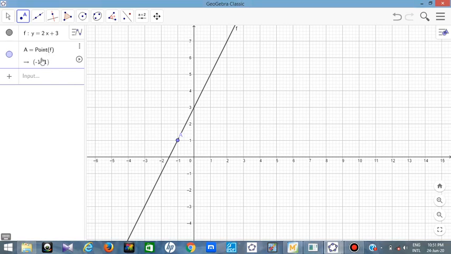When x is minus 1, what is y going to be? Y is going to be 1. When you substitute minus 1 in the place of x, you have 2 times minus 1, which is minus 2. Then minus 2 plus 3 will give you 1. So when x is minus 1, y is 1.